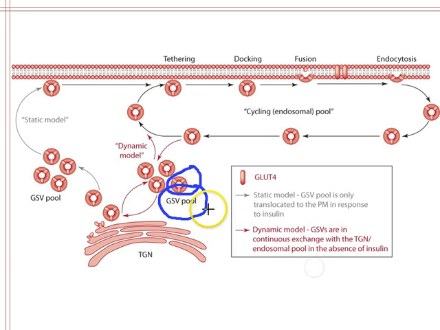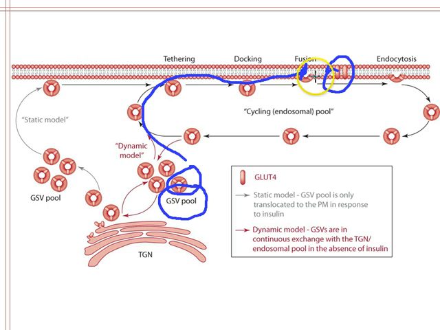So GLUT4 is always residing in the cell to some extent. And then when there's some stimulus, whether that's the presence of insulin or it could actually be exercise, which also stimulates GLUT4 translocation and perhaps increased production of GLUT4, then these GLUT4 storage vesicles actually move up to the cell membrane where they dock and they fuse. So then they are in the cell membrane. That's what this is showing here.